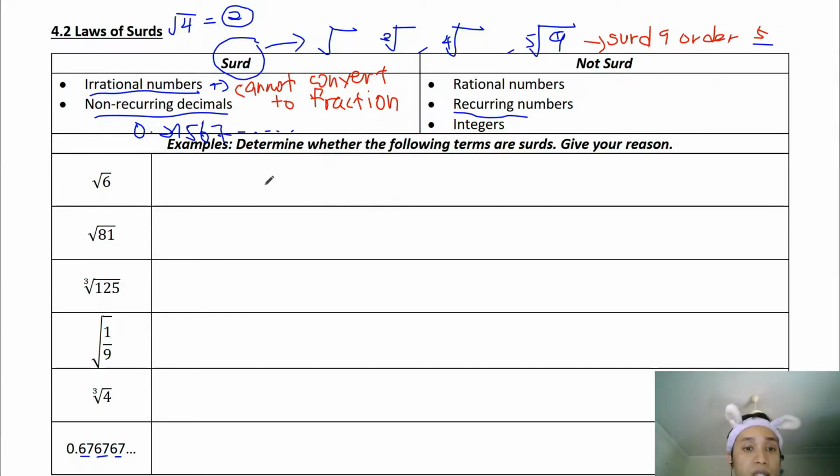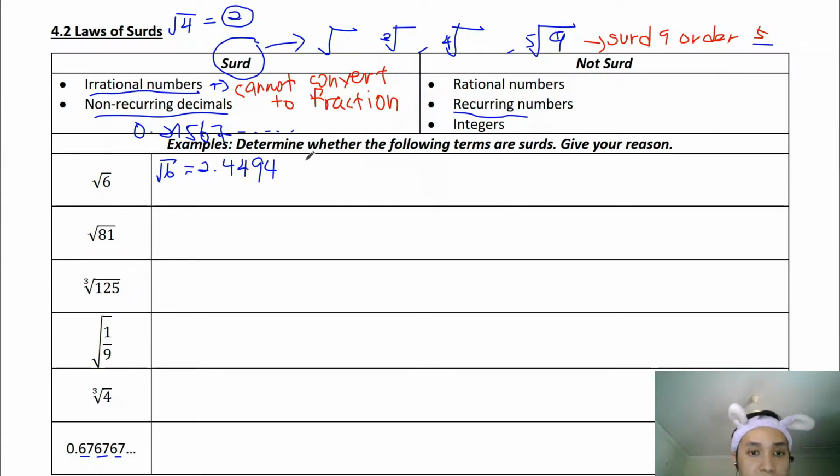Let's look at a few examples. Determine whether the following terms are Surds and give your reason. For example, Surd 6. You press your calculator and you will get 2.4494 and a lot more digits.